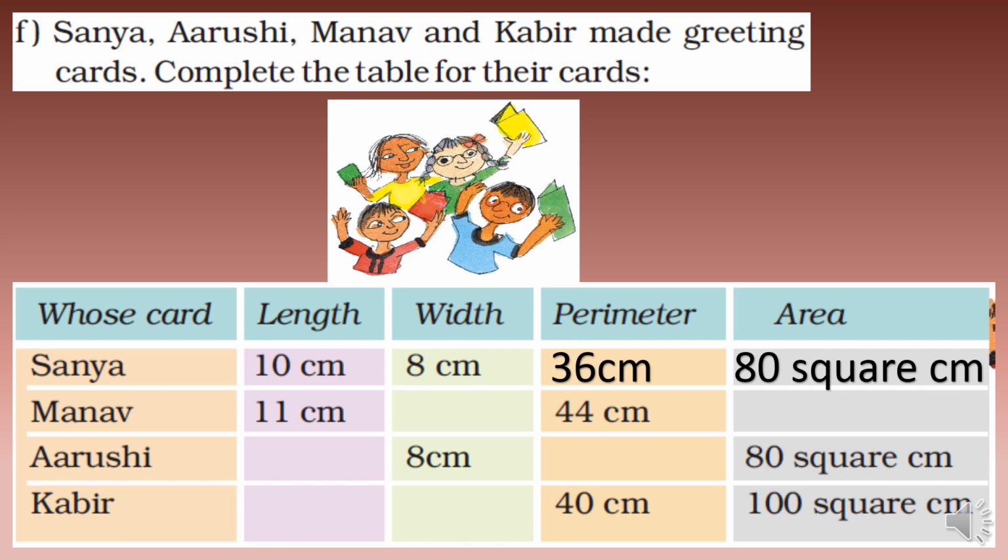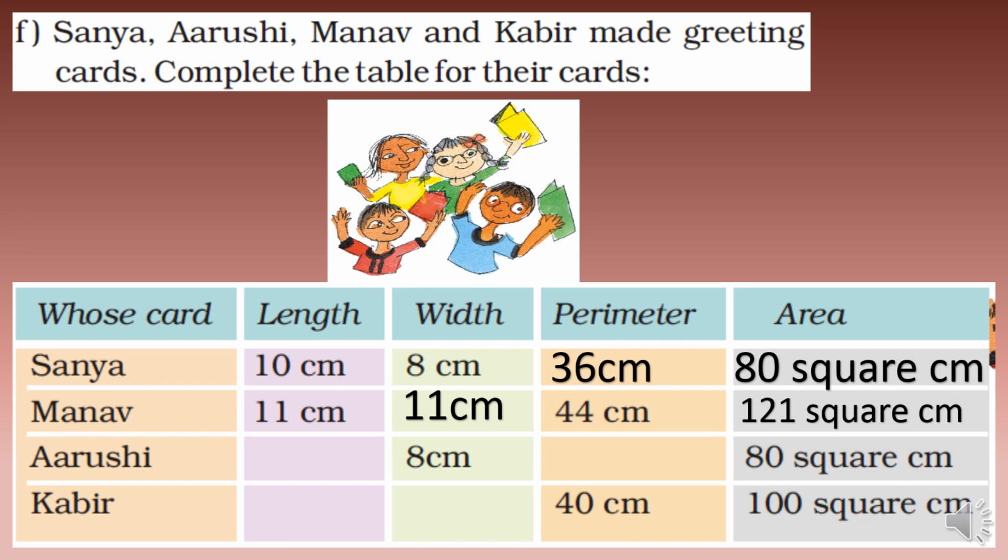So here we know that 11 2s are 22, so out of 44 we will subtract 22, we will get 22, and 22 divided by 2, we will get 11 centimeter, and 11 11s are 121 square centimeter will be the area.